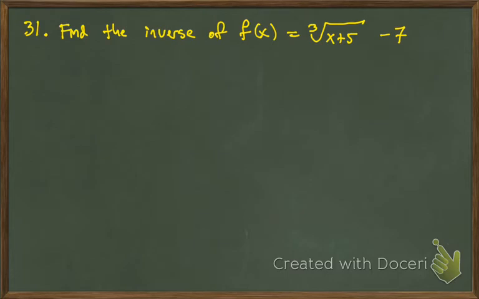This says find the inverse of the function f of x equals the cube root of x plus 5 minus 7. Okay, so the process for finding the inverse function was, the first thing we would do is we replace the f of x with y.